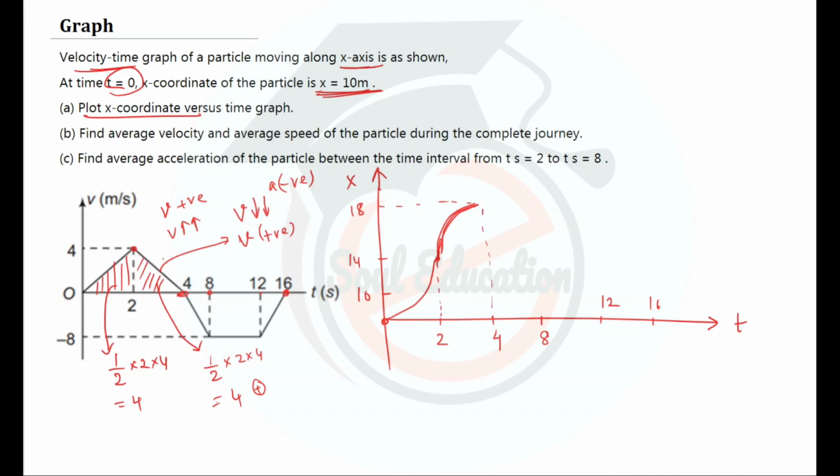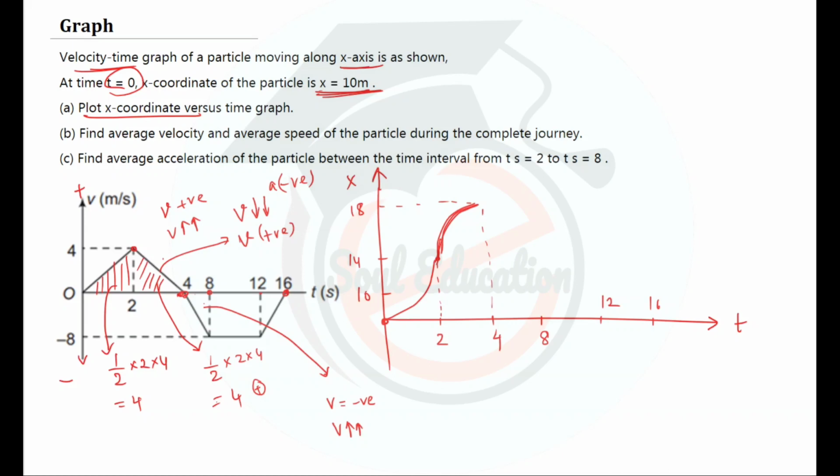Right, so next is 4 to 8 seconds. Here velocity is negative for this region, and velocity is increasing in the negative x direction. This is my positive direction, this is my negative direction. Velocity is increasing but velocity is negative. What about my acceleration?